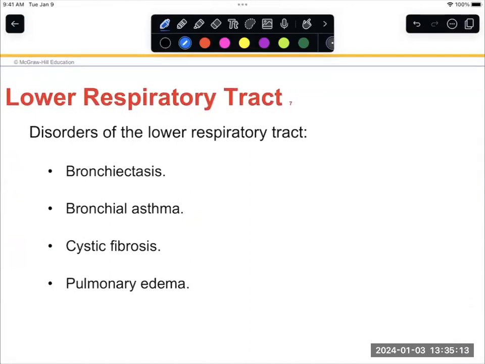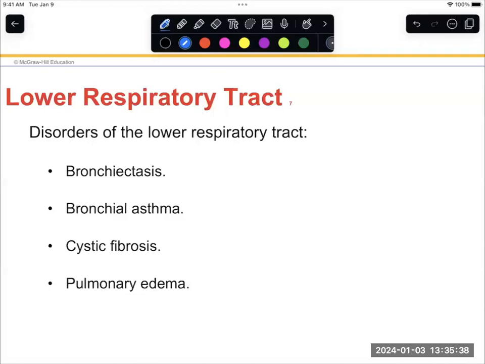Bronchiectasis, this is caused by repeated infections. It is an abnormal dilation of the bronchioles. Bronchial asthma, acute episodes of bronchial obstruction caused by bronchial constriction, so those airways getting a lot smaller.